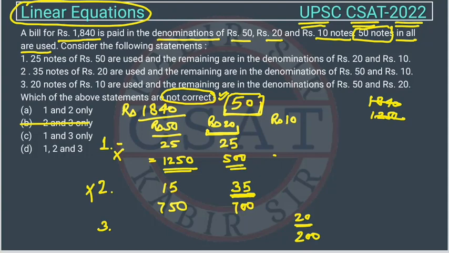Suppose I am allotting all 30 here. 30 into 50 will be 1500. So this is 1500 and this is 200. Total is 1700. So this case is also not possible. All 3 are not possible, so the answer is option D. Here we have to check all 3.